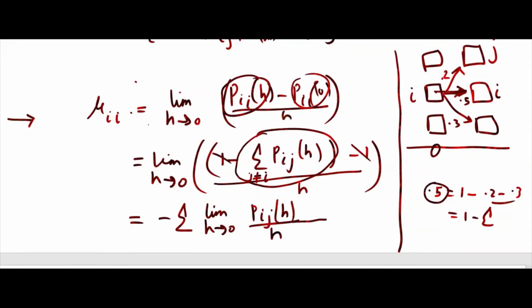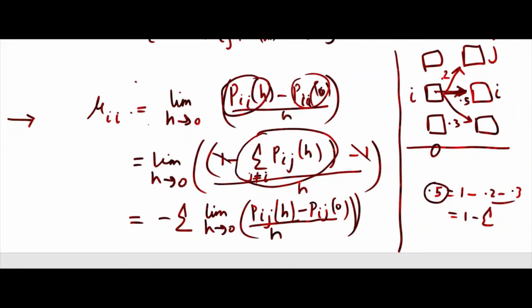Then I can write Pij 0 when i is not equal to j. Here ii was there, ii 0 is 1, but ij when j is not equal to i, because I have written j is not equal to i here, so this is 0, so I just added here 0.